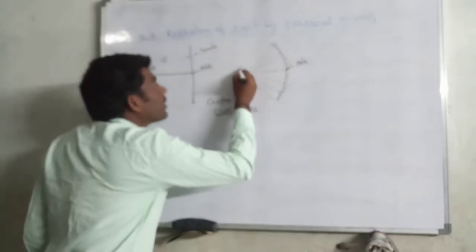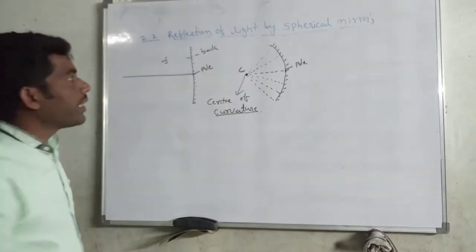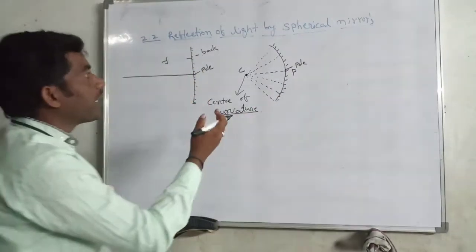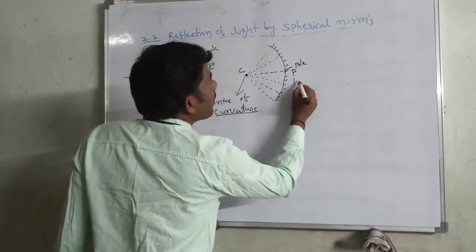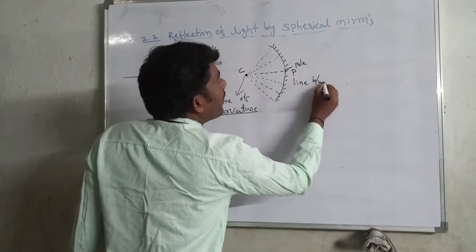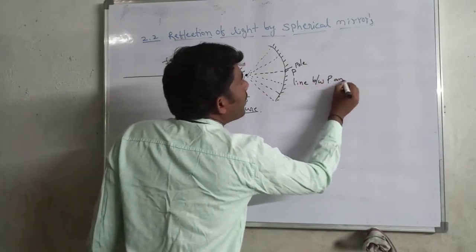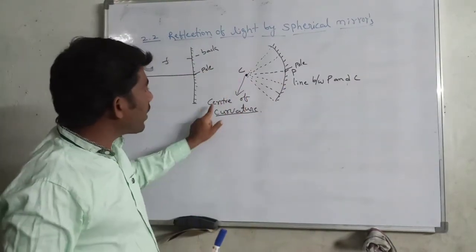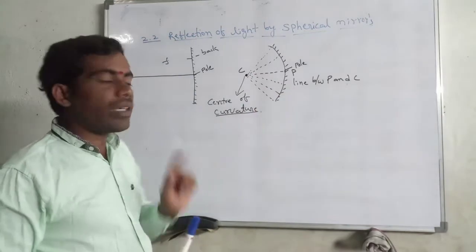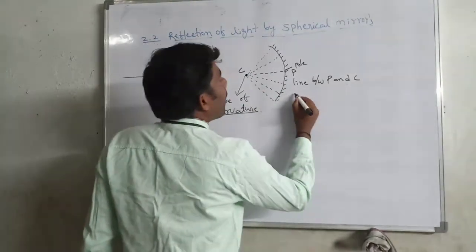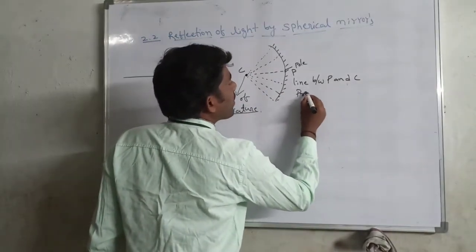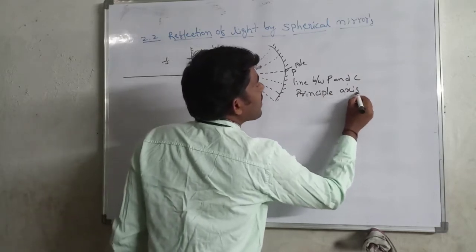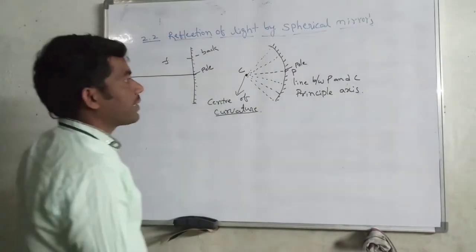This is C, and this point is P. The line joining P and C, the pole and the center of curvature, we call the principal axis.